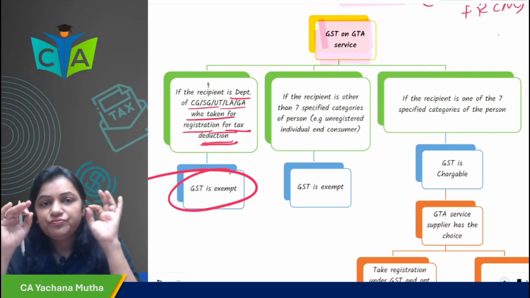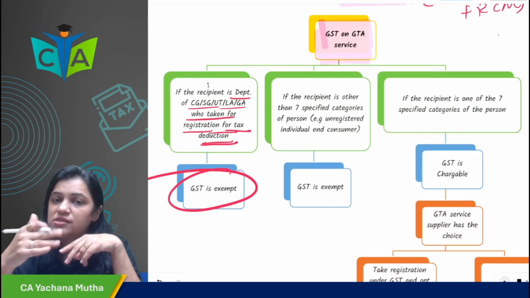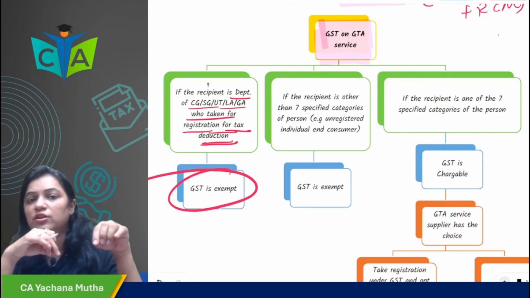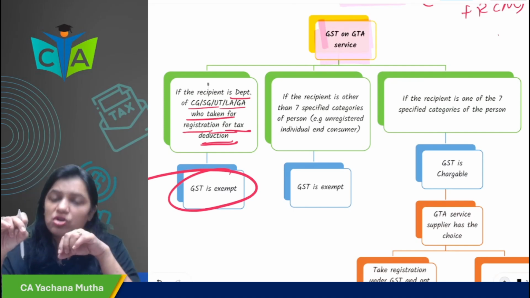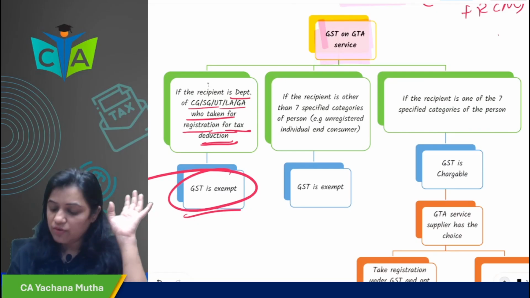So what you have to see is who the recipient is. If the recipient is one of these who has taken GST registration for tax deduction purpose, then GST will be exempt.